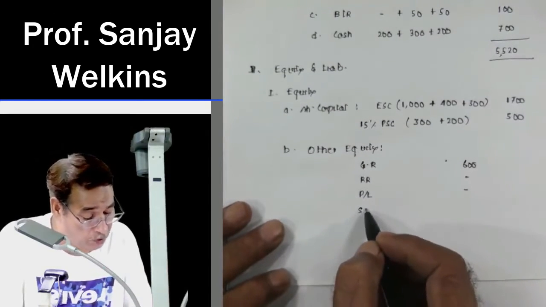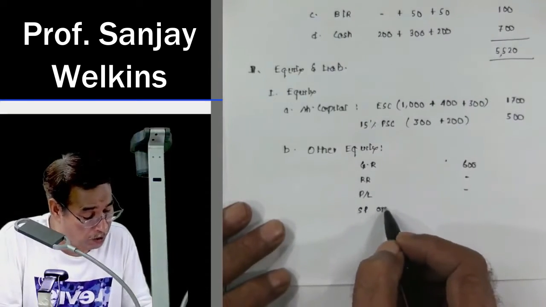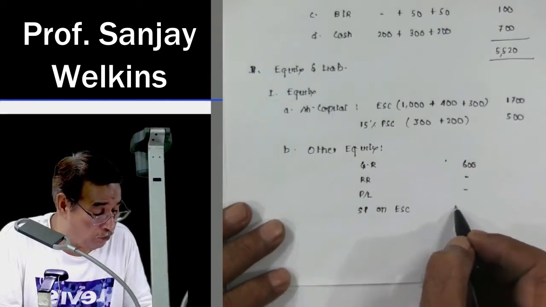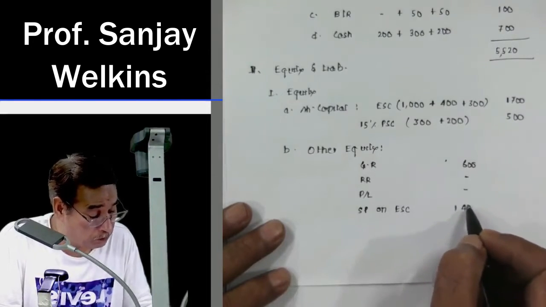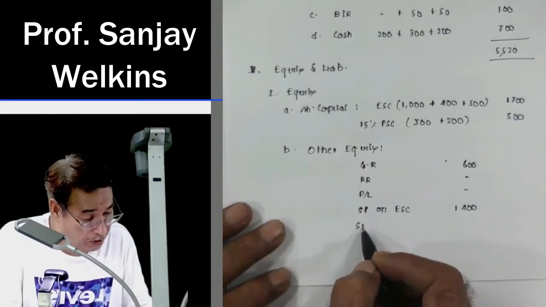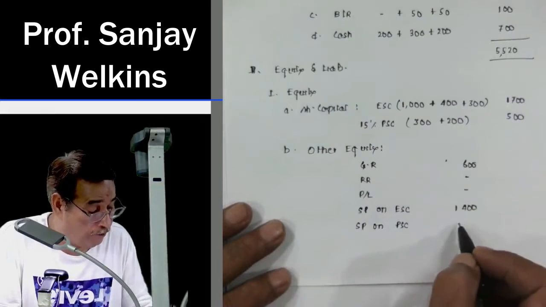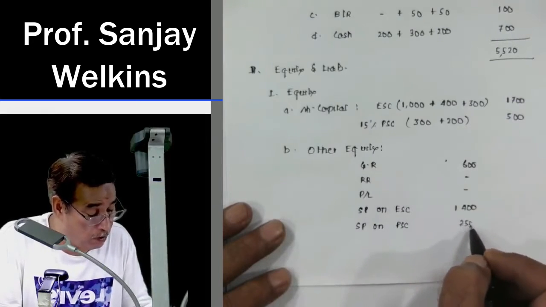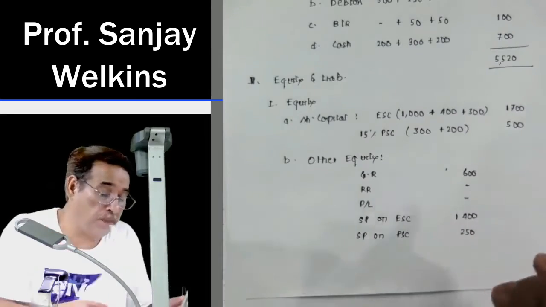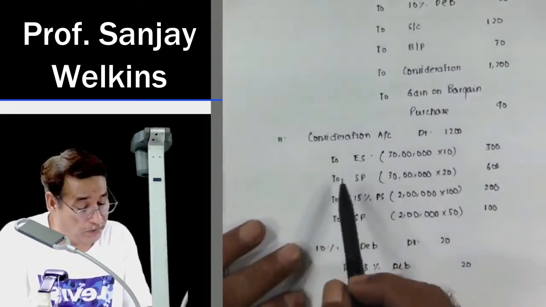However, when you made the payment for consideration, security premium on equity share will be equal to 1,400. Correct? Similarly, security premium on preference share capital will be equal to 250. Actually, when you pass the entries for consideration, correct? See here, this is for Y Limited.